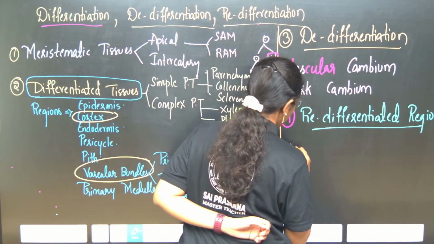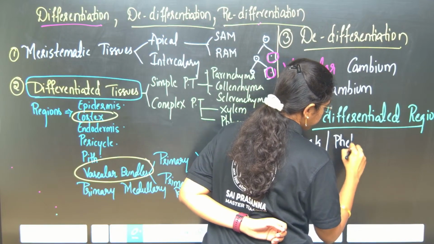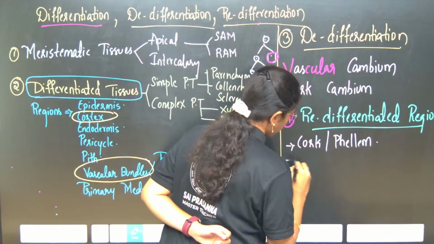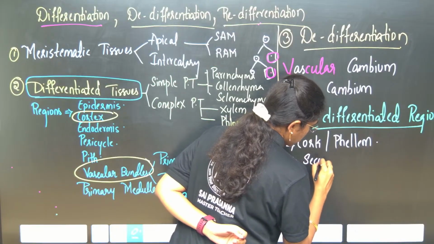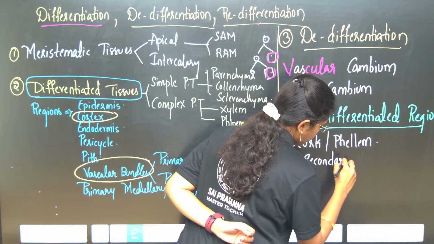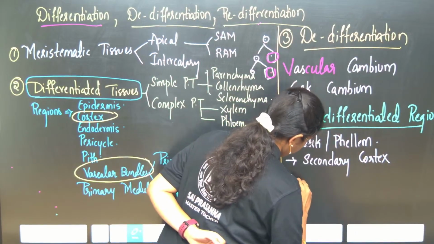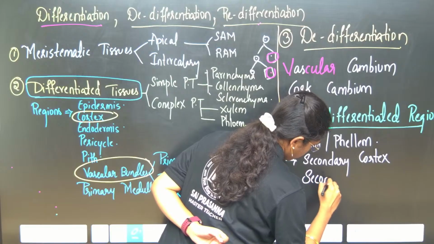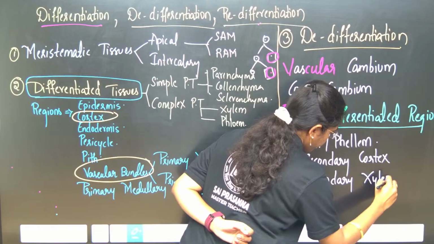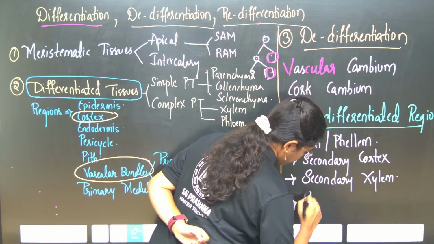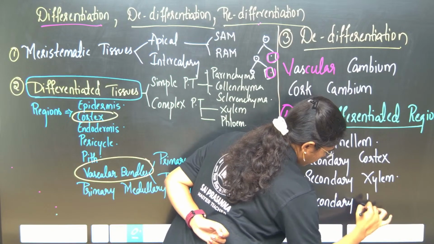So you have cork or phellem, secondary cortex, secondary xylem, phloem.